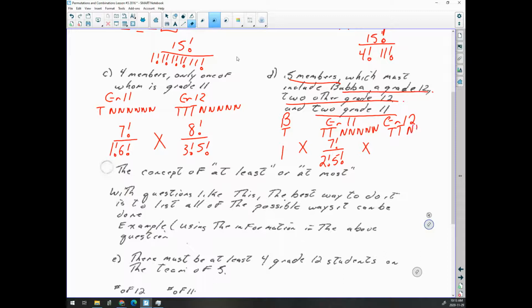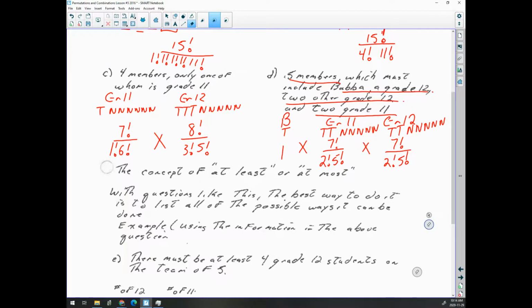But as we've removed Bubba from the group of people in grade 12, we only have 5 other people who are not going to be on the team. Because we've taken Bubba from the group of grade 12s and put him in a separate group. So that means we have fewer people in grade 12. So again, here we have 7 factorial, 2 factorial, 5 factorial. Again, as I said, multiplication, because we are doing that one after the other. They're all on the same team.